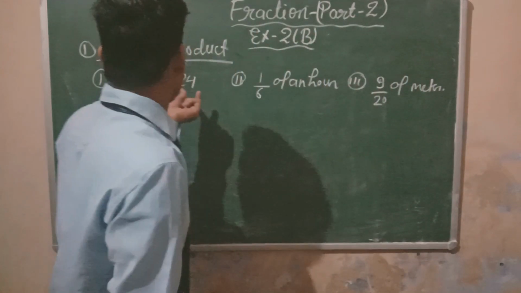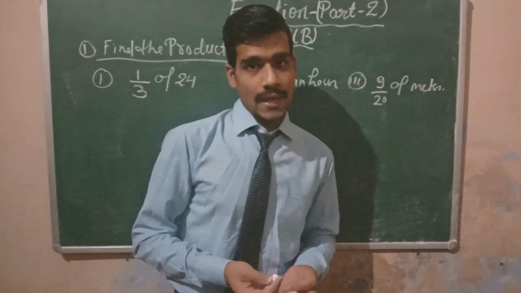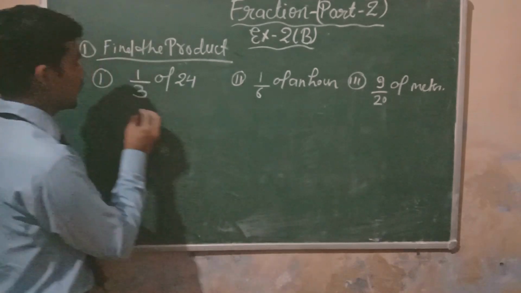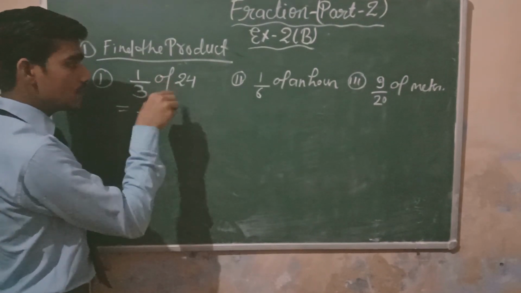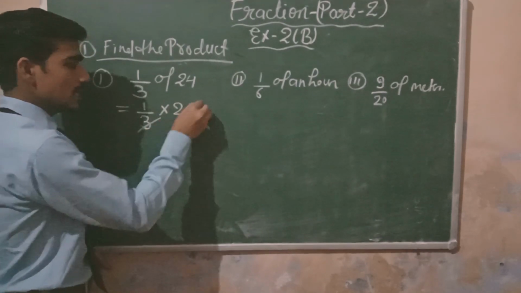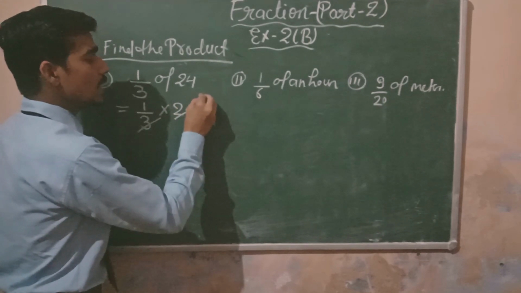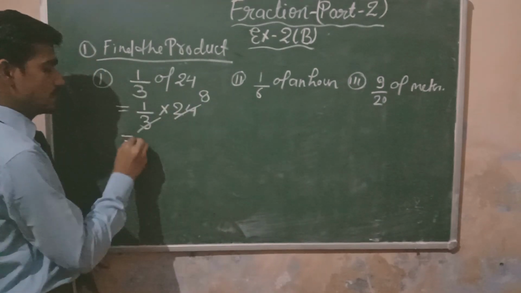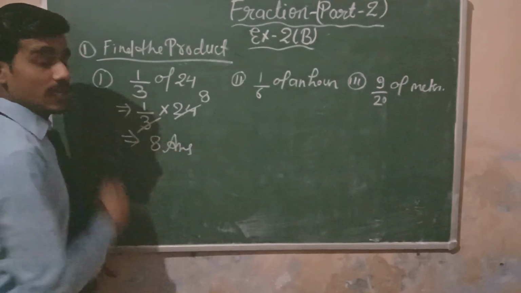Student, look at here. Of means just like multiply. Clear? That's why you will write 1 by 3 of, converted into multiply, 24. 3 8s are 24. That's why your answer is 8.